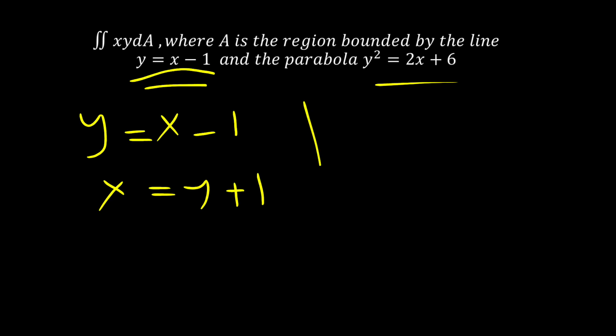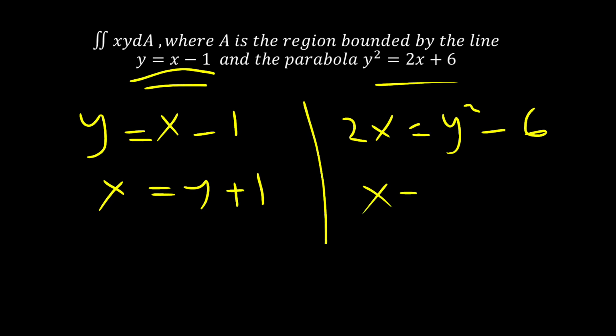Then I take the parabola also. I express this in terms of x equal to something, which if you look clearly at this, we have 2x being equal to y squared minus 6, which means x here will be y squared minus 6, to power half.